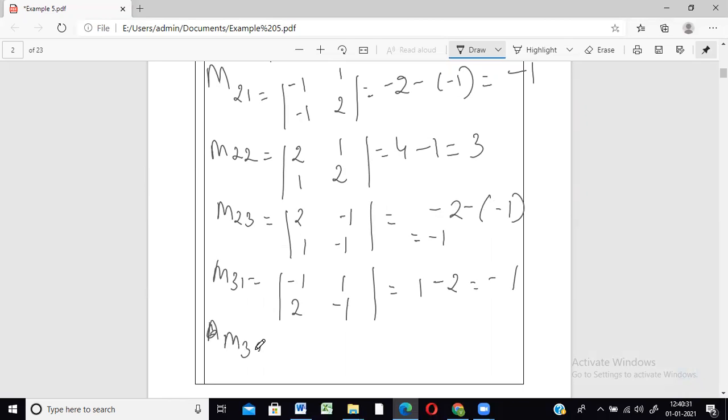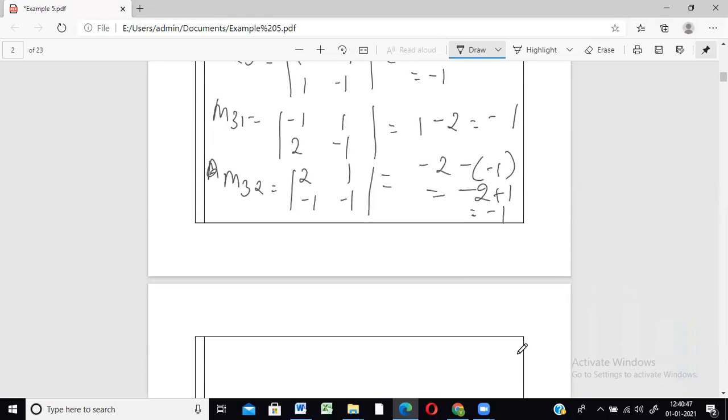M32 is 2, -1, 1, -1, so -2 minus of -1, which is equal to -2 plus 1, which is -1. M33 is 2, -1, -1, 2. 2 2s are 4, minus of this is 3.